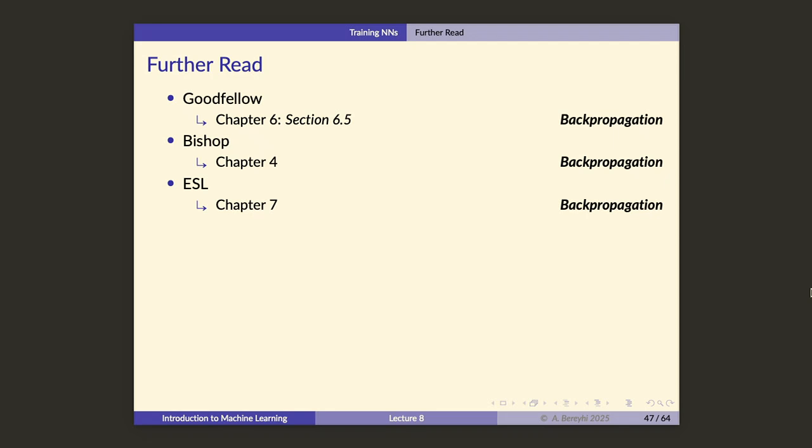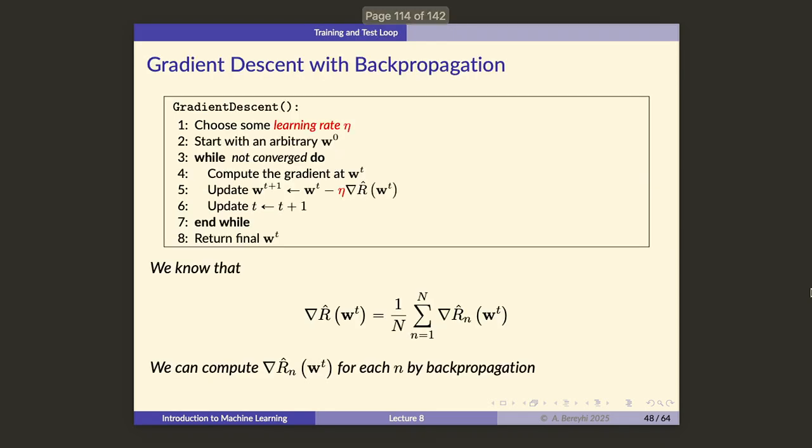Now, let's think of backpropagation as an algorithm which we already have. And now let's see how we can use this backpropagation to train our model. So the next thing that we want to do is gradient descent, but when we are doing gradient descent, we want to use backpropagation, right?